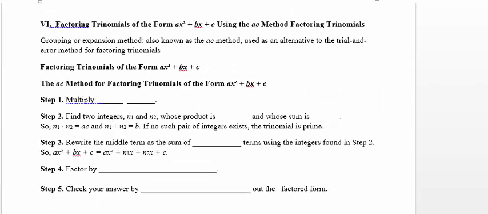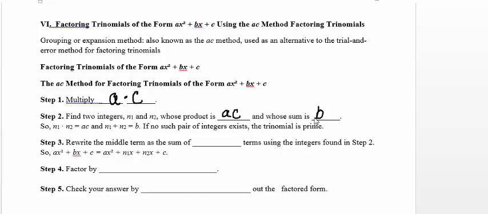All right, let's look at factoring polynomials of the form ax squared plus bx plus c using the AC method of factoring trinomials. So here, as in the previous examples, a was not 1. So first we want to multiply a times c. We're still looking for two integers, n1 and n2, but this time they need to multiply to give ac and add to give b.